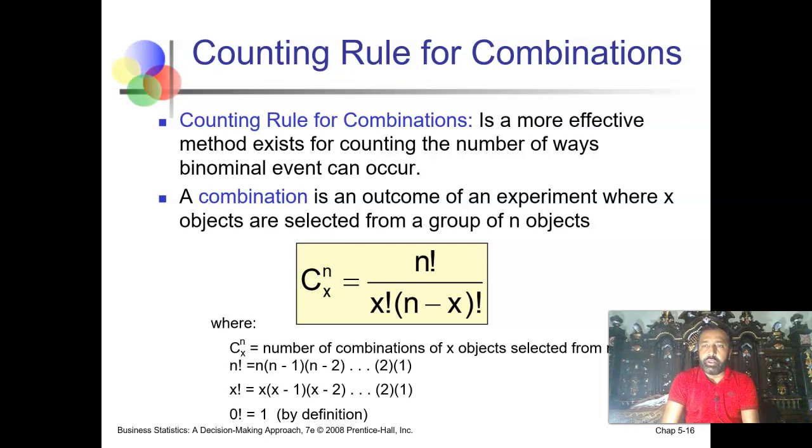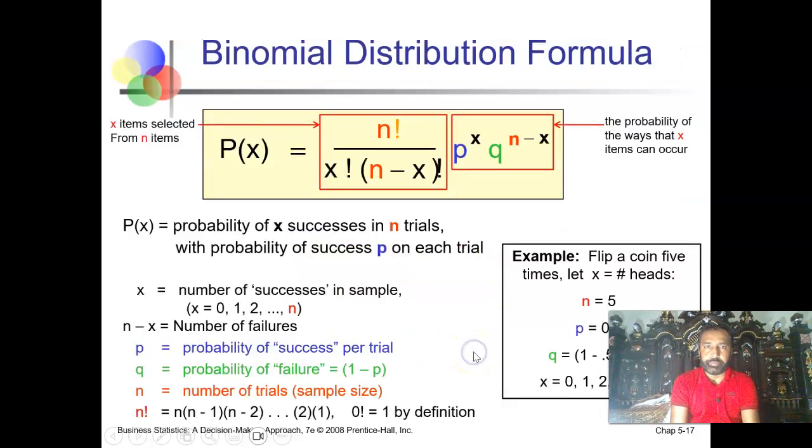Now, to find out the probability of success in a binomial distribution, first of all we need to know the counting rule. The counting rule for combination is n factorial divided by x factorial multiplied by n minus x factorial, where n is the total number of possible trials and x is the number of successes.